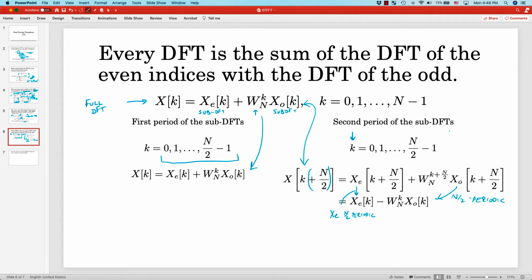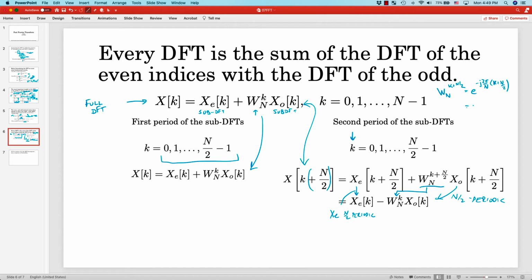And the last trick is we are simplifying this multiplication factor down to this multiplication factor because, again, a property of the exponential. If I take W sub N and I raise it to the k plus big N over 2, then that's e to the minus j 2 pi over big N times quantity k plus N over 2.